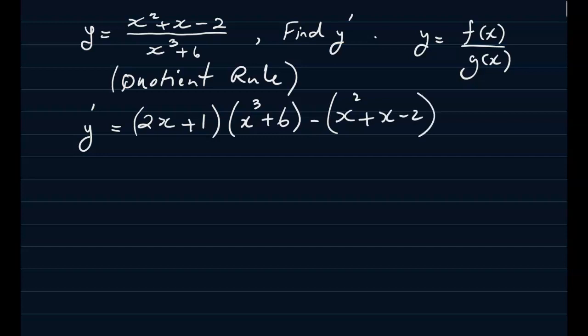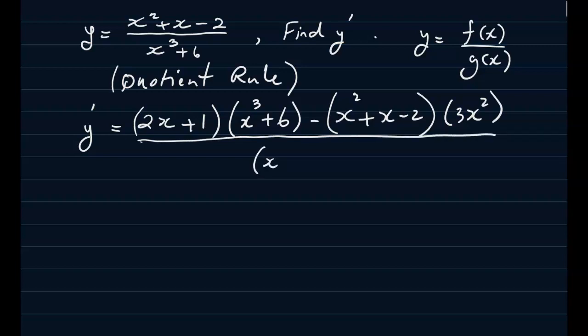Now we're going to take the derivative of the denominator, and that would be times 3x squared, and all of that divided by g of x squared, and here it is.